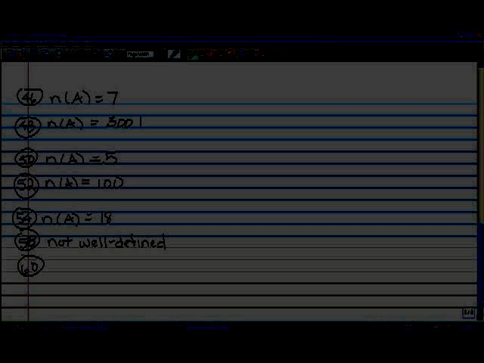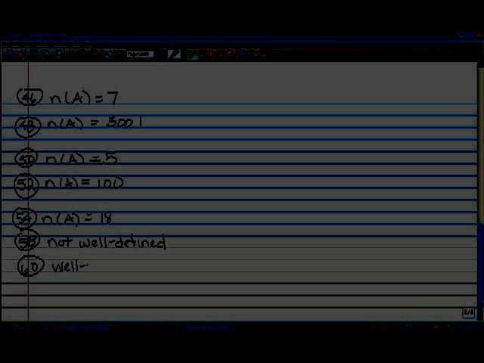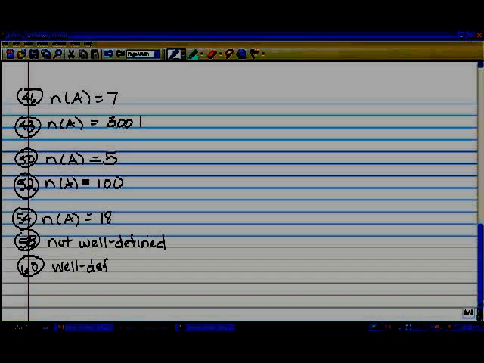It's not clear who would belong to that set. All right, number 60. Set of all x such that x is a counting number less than 2. Definitely we know whether or not something belongs to that set, so it is well defined.